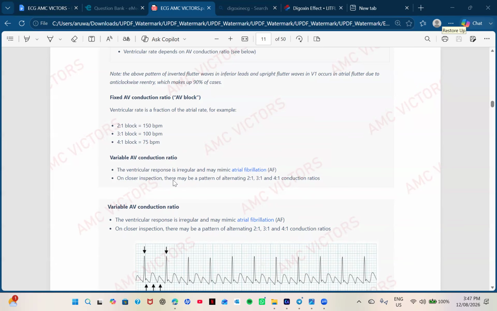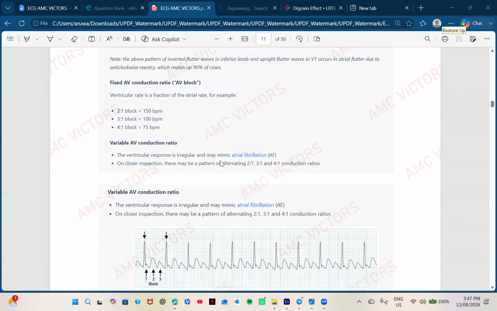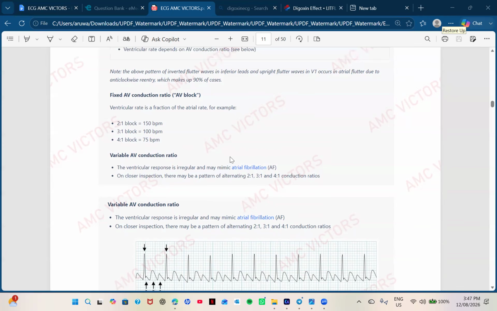The ventricular response, here they have not mentioned it, but I will explain. AV conduction ratio means how many atrial impulses. Atrial impulses mean which waves, doctors? Atrial depolarization. You can see it in which waves?